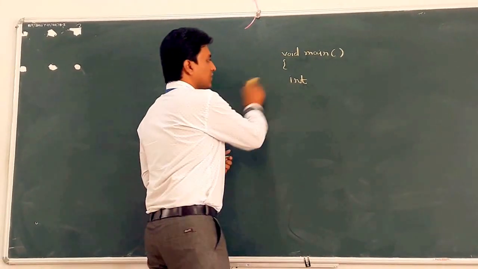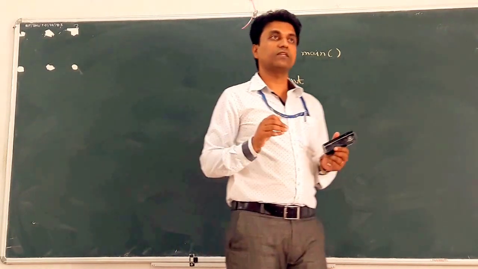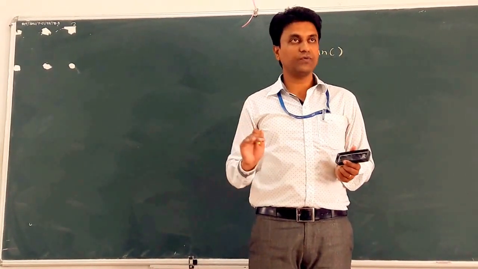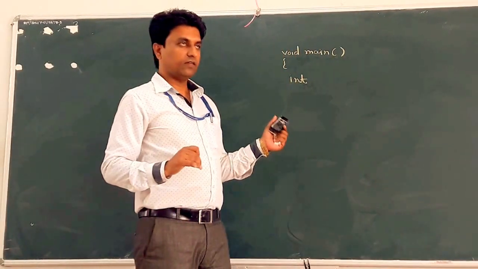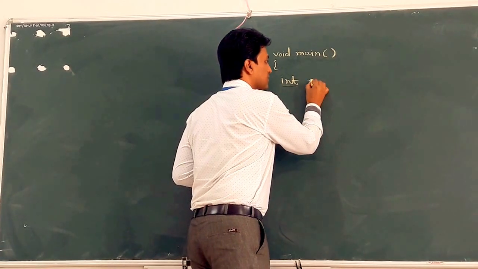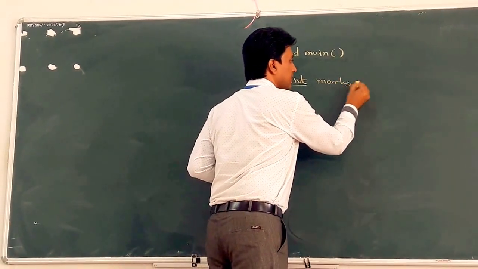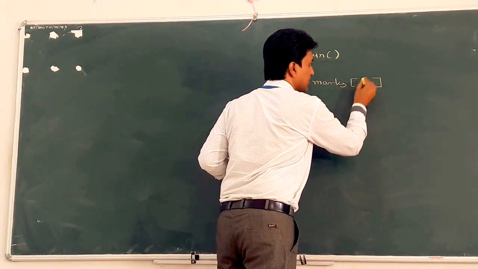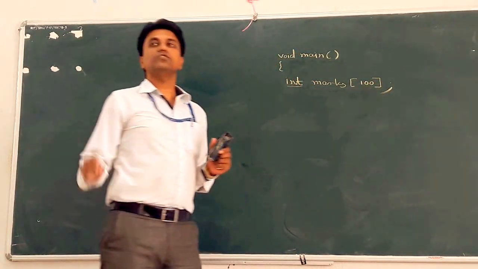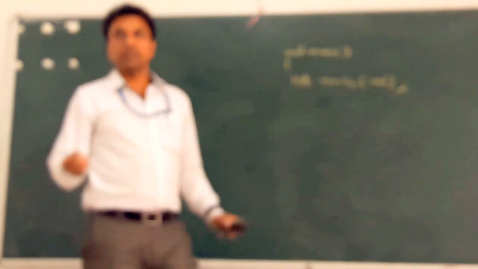Depending on the storage type, lifetime and scope are different. Clear? So first declare the data type, then the variable name, suppose marks, and then the size, whatever it may be, say 100. So index starts from 0 to 99.